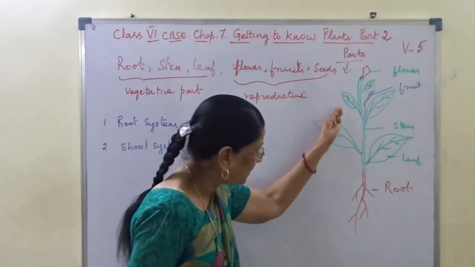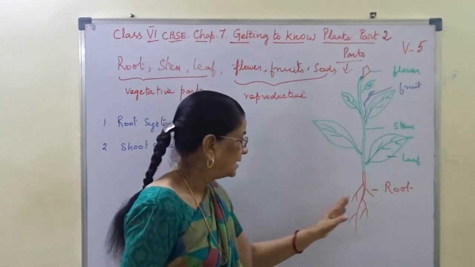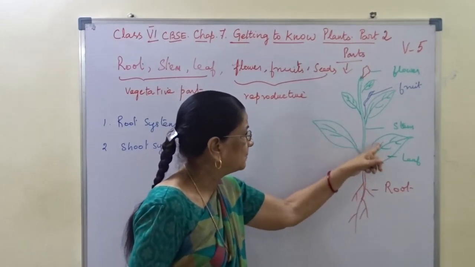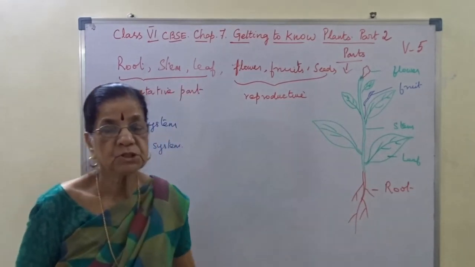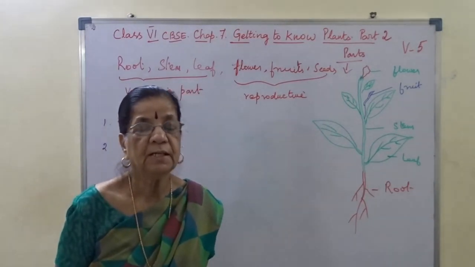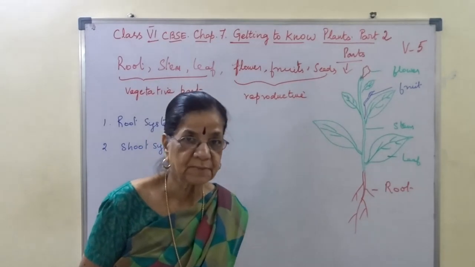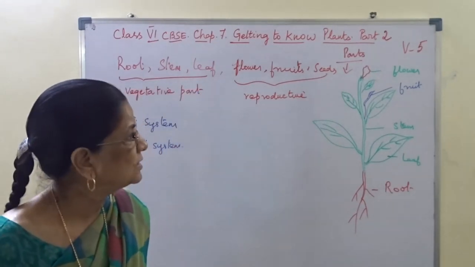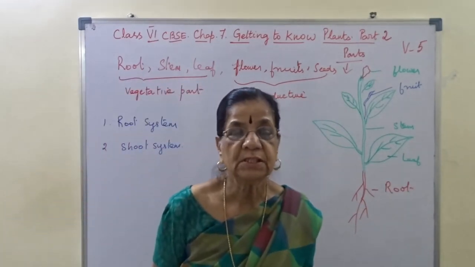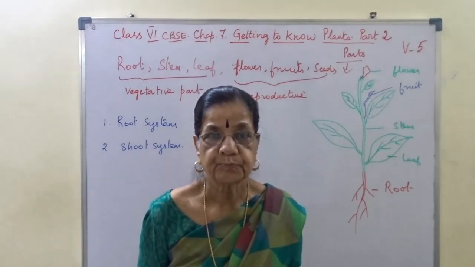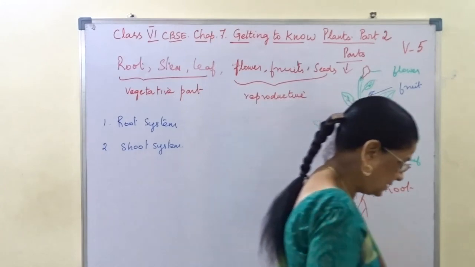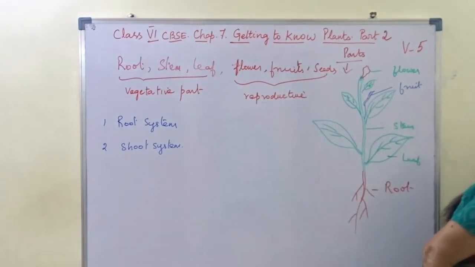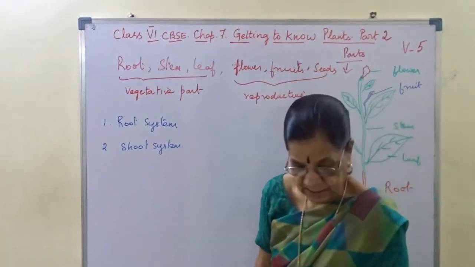Now these are the parts of the plant: root, stem, leaf, flower and fruit. The portion which is found below the soil forms the root system, and the part above the soil forms the shoot system. Now this root system and shoot system, one by one we will learn.